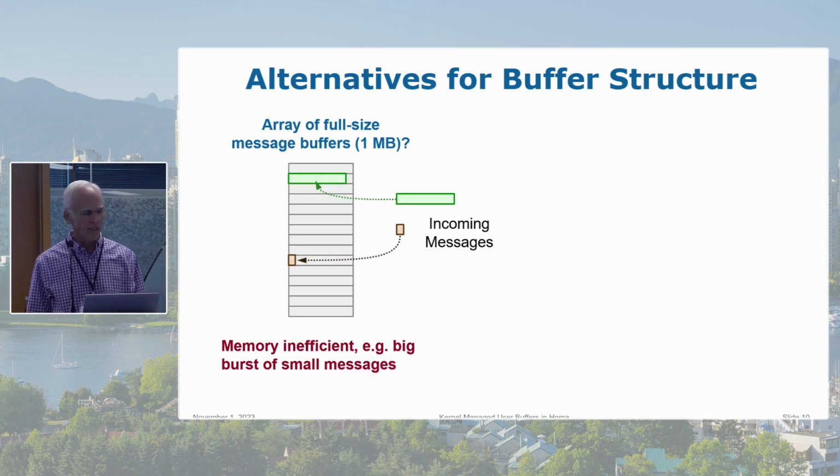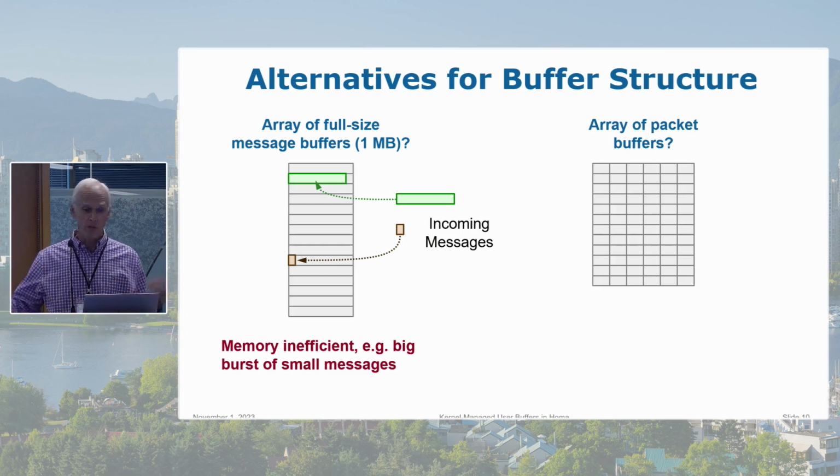And the problem is that if you get a large incoming message, it'll mostly fill the buffer, but if you get a tiny message, it'll only use a tiny part of that 1 megabyte buffer. And that's really bad. For example, suppose you suddenly got 1,000 small messages that arrived. In order to handle that, you need to have 1,000 buffers or a gigabyte of buffer space, even though the actual space you need for the messages is really, really small. So that was not desirable.